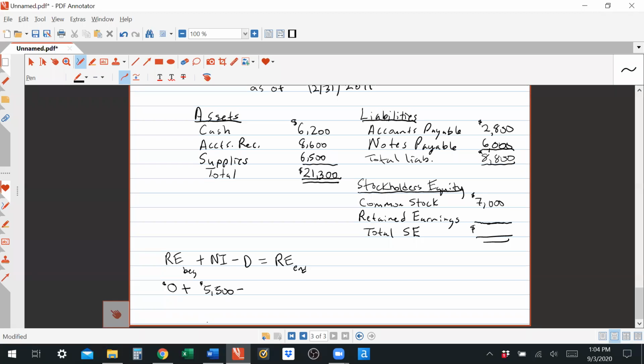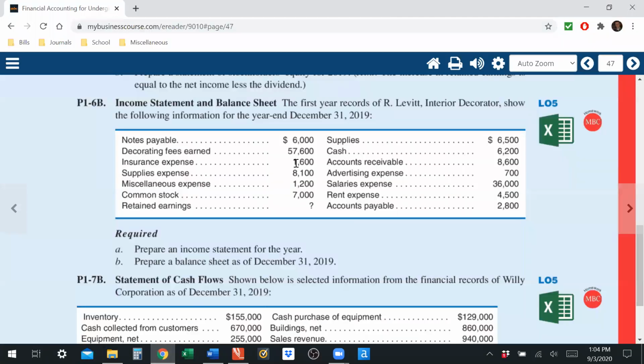Minus dividends. What did it say about dividends? Did they pay any dividends? It didn't say anything about dividends. Failure to say anything about something means you can assume safely that there were no dividends. You can always use that logic when you're doing these problems.